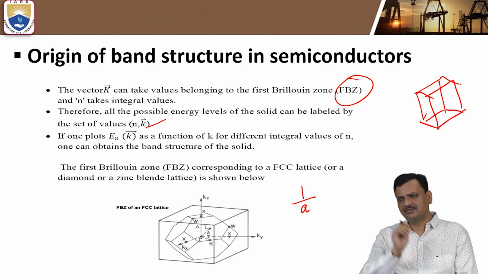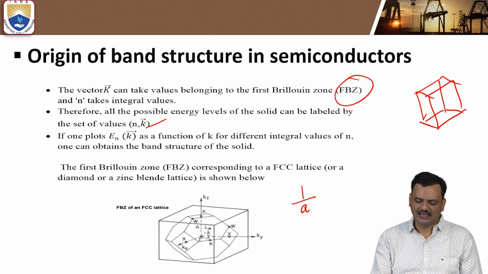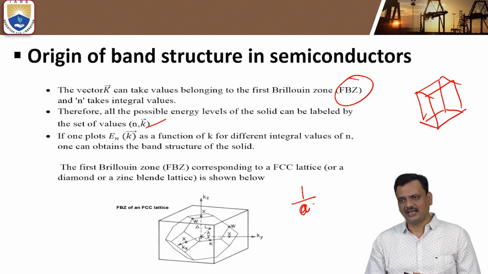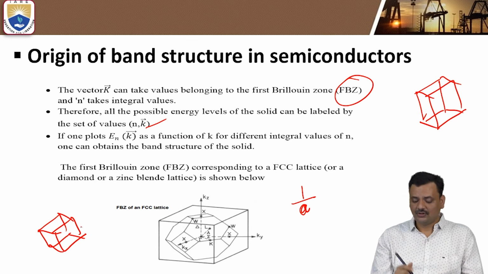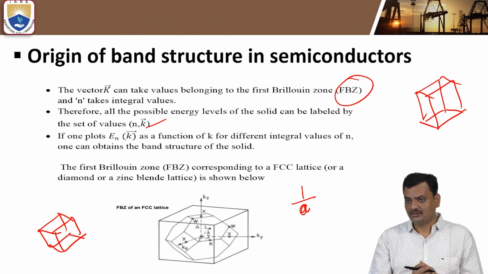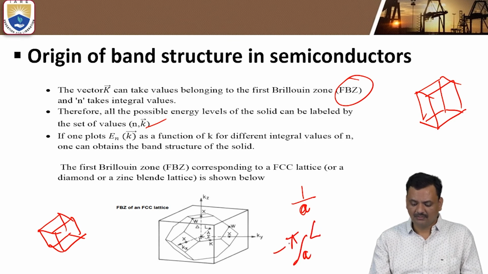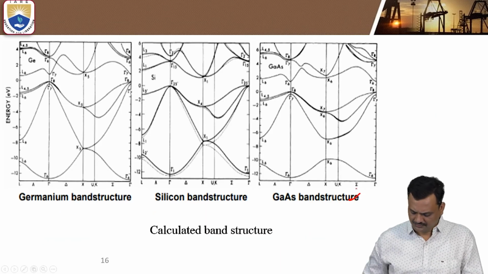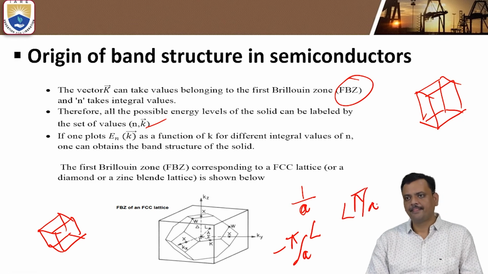So a itself is very small. Suppose a is the lattice vector. In the case of simple cubic, a, b, c are all equal. So what is the value of the Brillouin zone? It will lie between minus pi by a to plus pi by a, the first Brillouin zone, k.